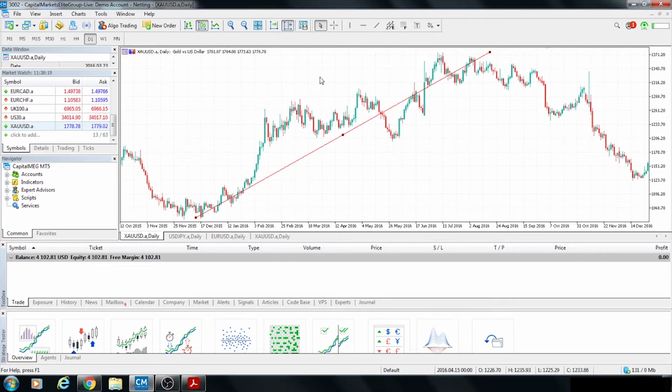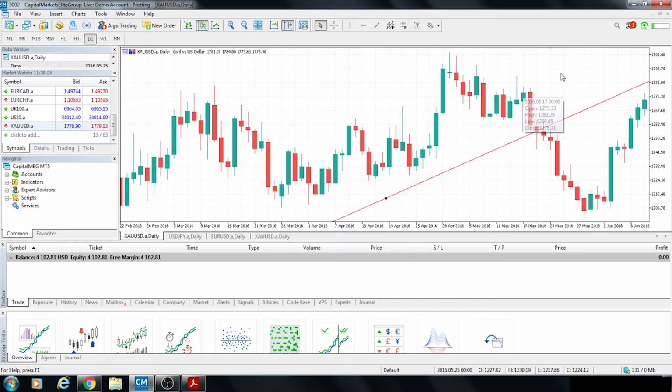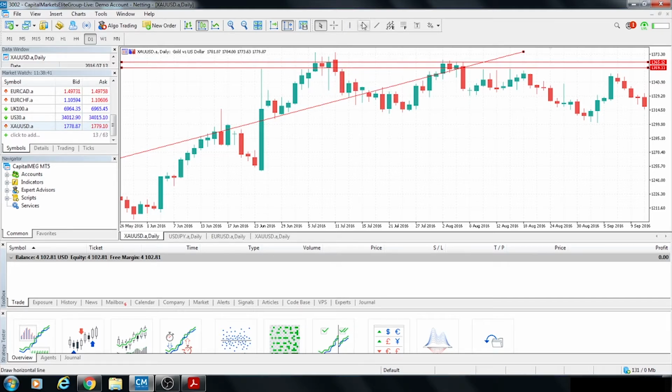So we've got the uptrending market, and if I zoom in, let's look at the top of this. Here on these two, we have a positive candlestick that's continuing the trend that's occurred over the previous weeks. And then we have a gap open higher.